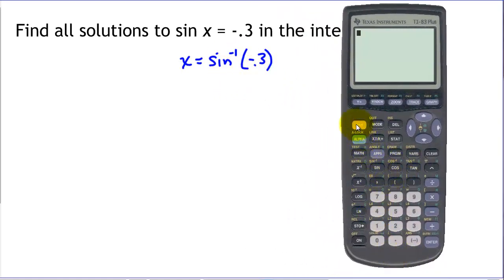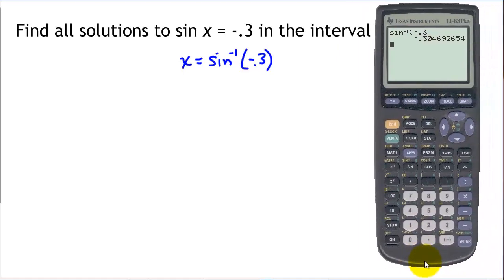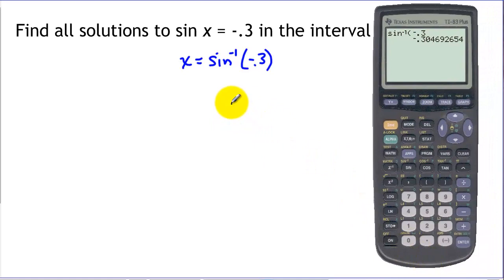Let's do the sine inverse of negative 0.3. Now we get an answer here, but this answer is not in our interval. A negative number is not in this interval here. So let's draw just a little sketch. So this is our angle in radians, negative 0.3.